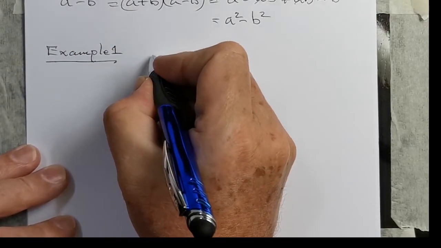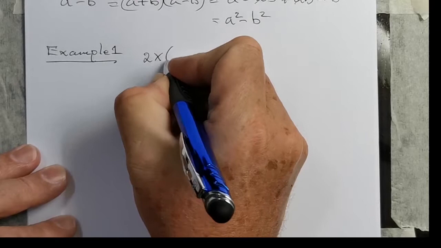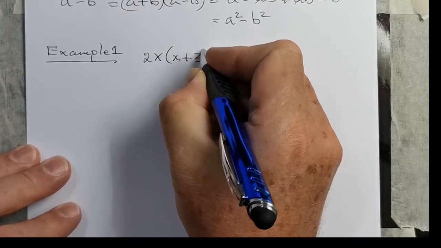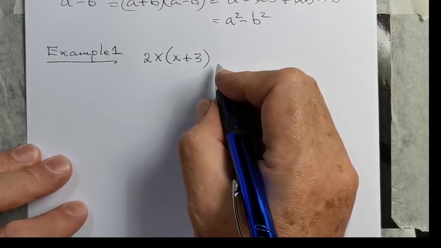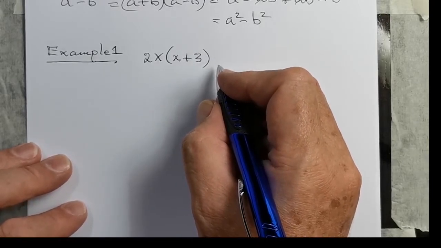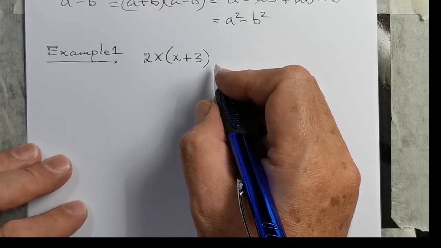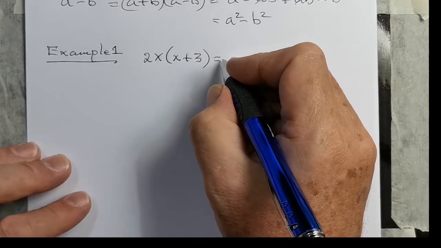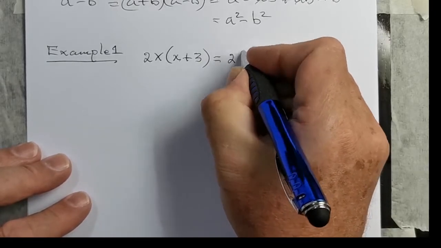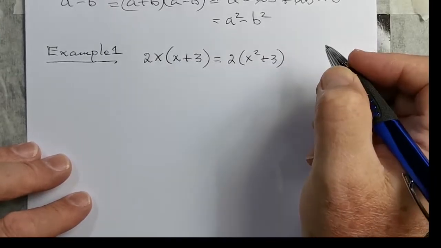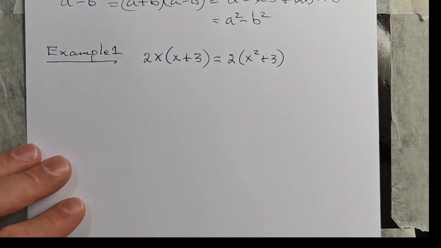If we have 2x times the quantity x plus 3, and if that is equal to 2 times x squared plus 3, then solve this for x.